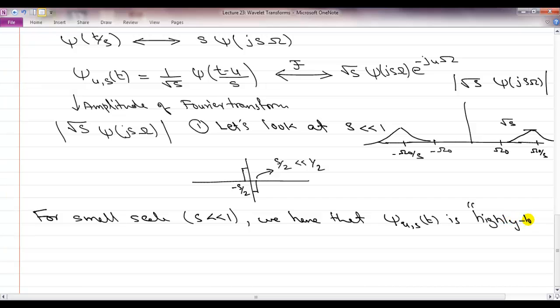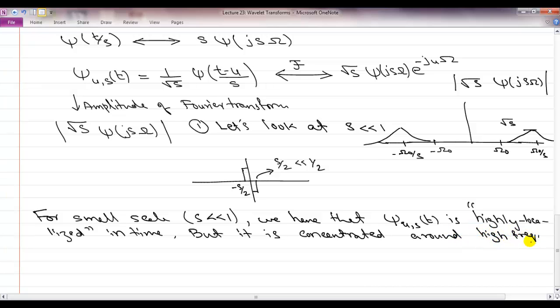So it's highly localized in time, but it is concentrated around high frequencies and not that well localized in frequency.